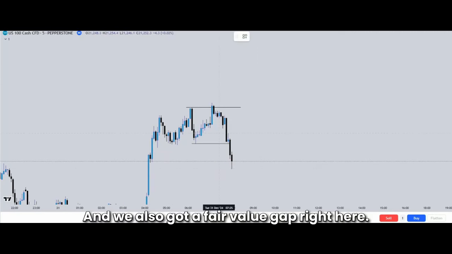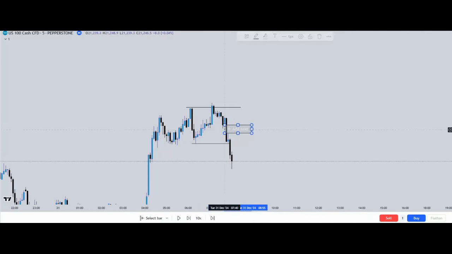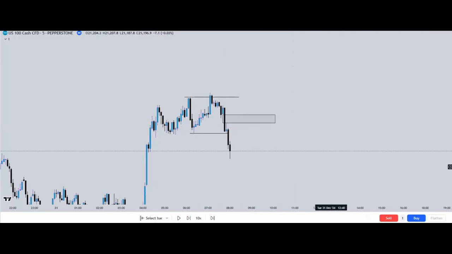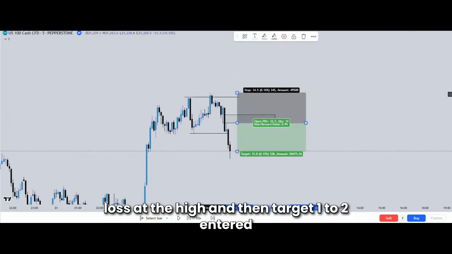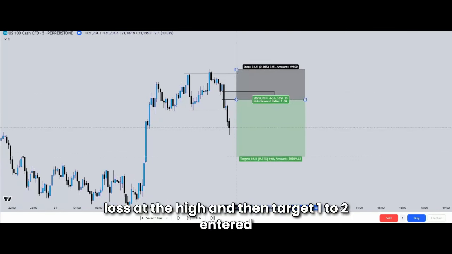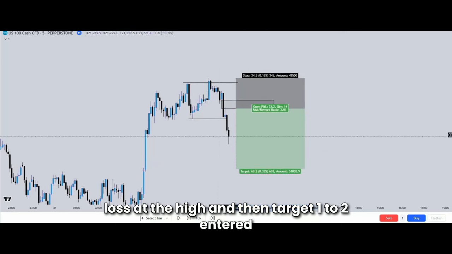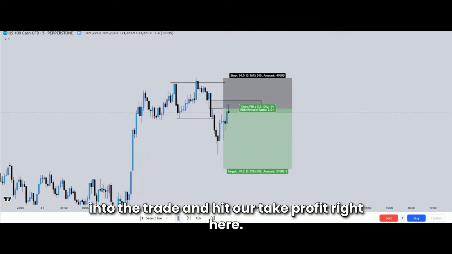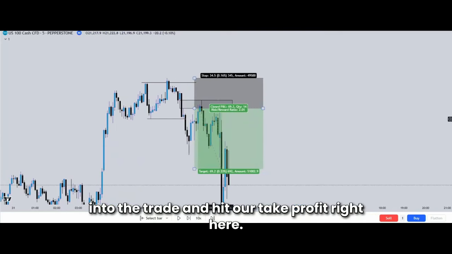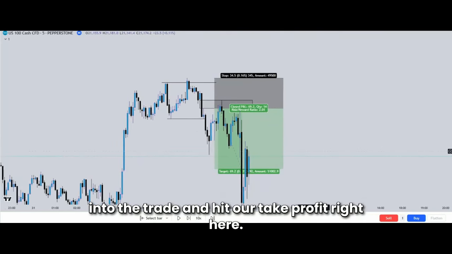And we also got a fair value gap right here. So now I'm just gonna put my entry here, stop loss at the high, and then target 1 to 2. Entered into the trade and hit our take profit.